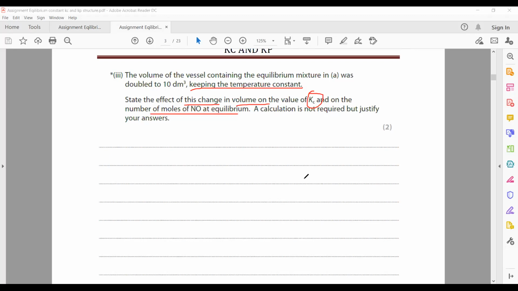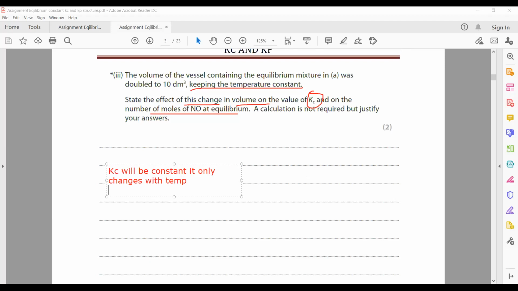So first, the value of Kc will be constant, or the same, because it only changes with temperature. But what about the volume part? Because we changed the volume.